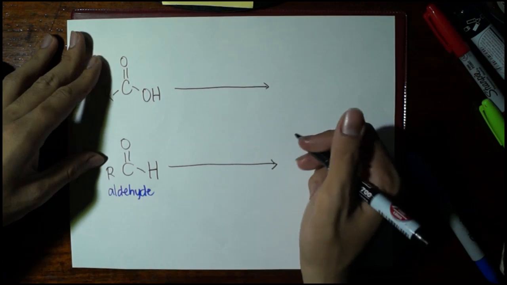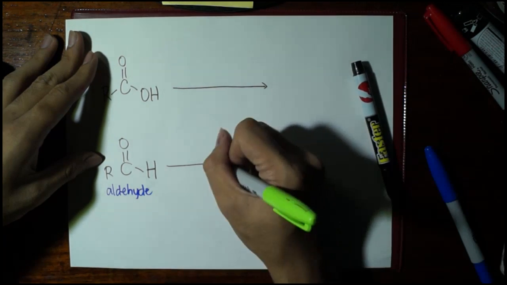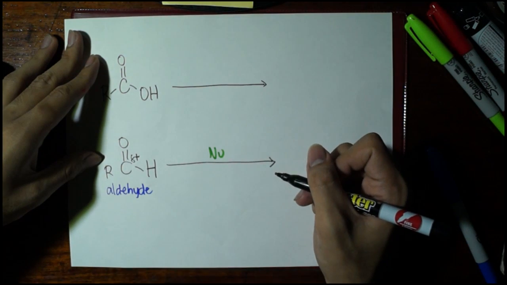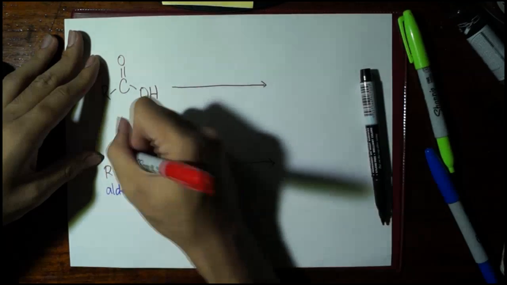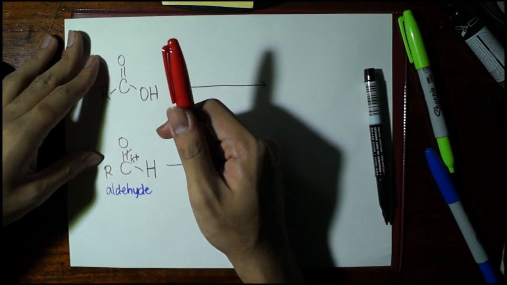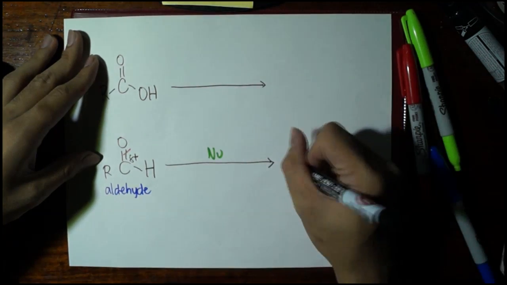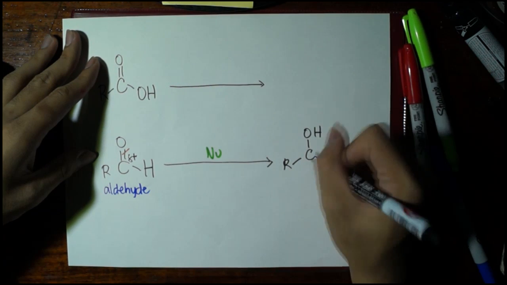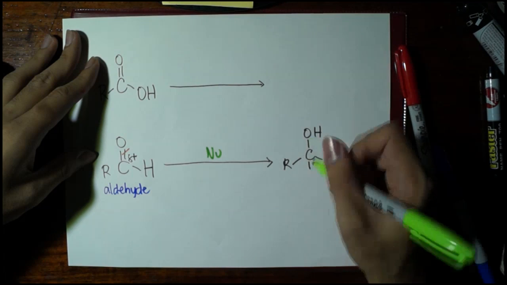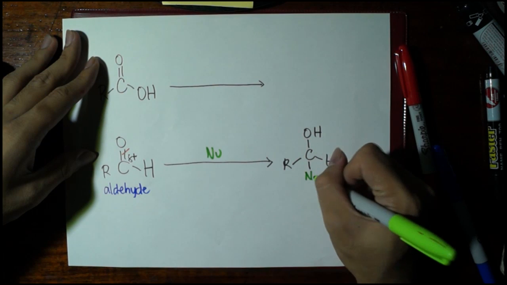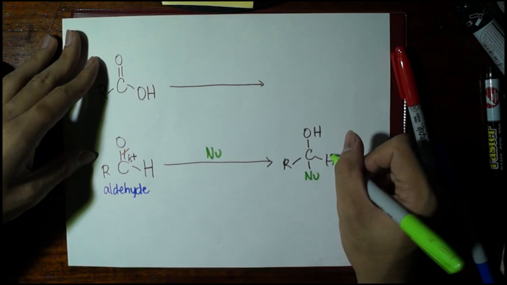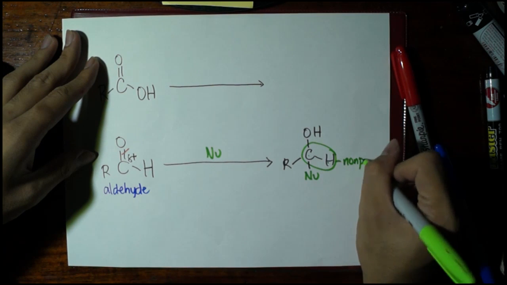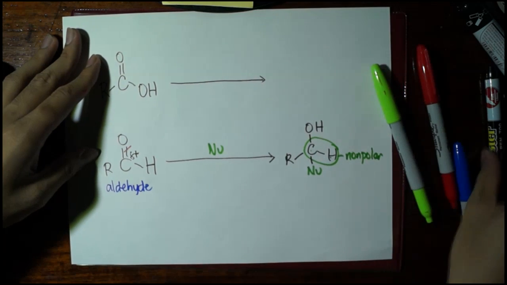aldehydes and ketones works in such a way that if I have a nucleophile here to attack the partially positive carbon here, what happens? The pi bond here is sacrificed, alright, in order to come up with something like this, in order to make the carbon give way for a bond with a nucleophile, because the C to H bond is nonpolar, therefore you cannot break that, right?